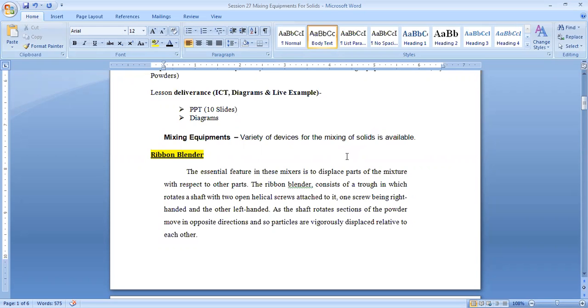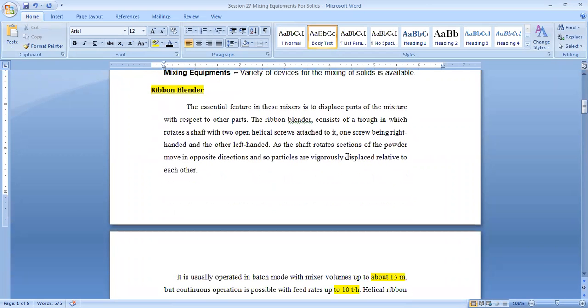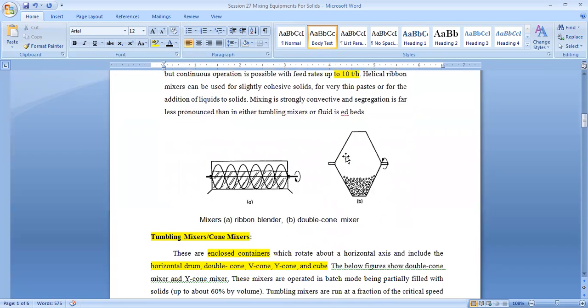So the first equipment which is popular is the ribbon blender. In this ribbon blender, let me go directly to the picture. Let's see what happens. It has a trough, and in this trough there are screws which move, and as the screw moves, they displace the dry solid, the powder, in opposite direction.